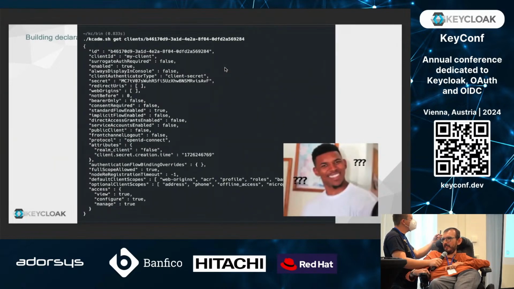And there is also a question about what the representation looks like. This is a very simple example of the client that we just created. I have created a client with just one field, client ID. And suddenly there are tons of different fields. What do they mean? What is the access field at the bottom?